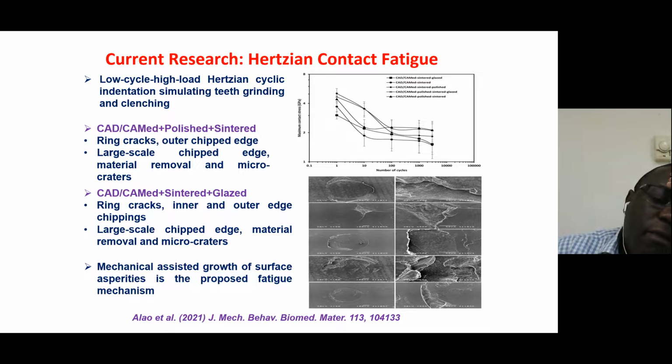So in this case, I used a low cycle, high load Hertzian cyclic indentation, simulating teeth grinding and clenching, which is known as bruxism.